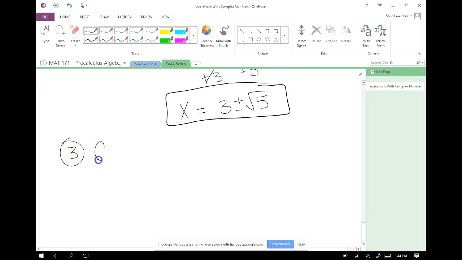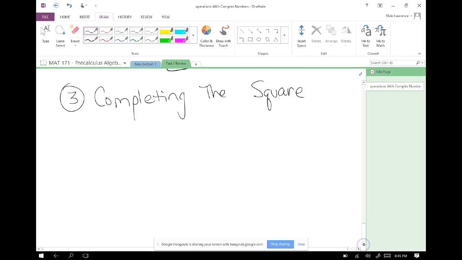The third method is completing the square. I'm going to show you one example of this, and I'm going to tell you do not use this on the test. We're trying to cut down the amount of time that we take on the test, and all this is going to do is add time to your test.